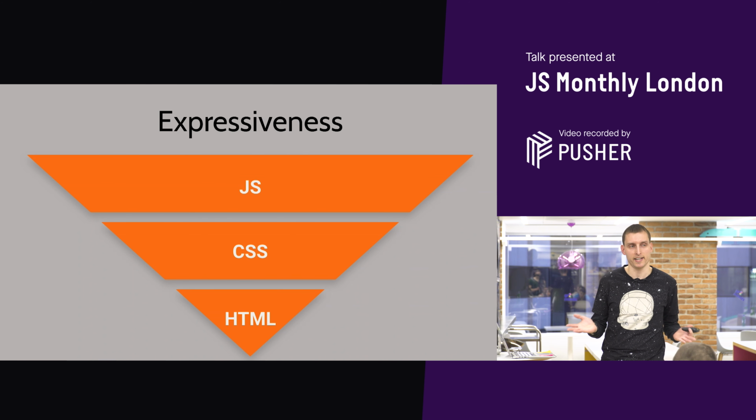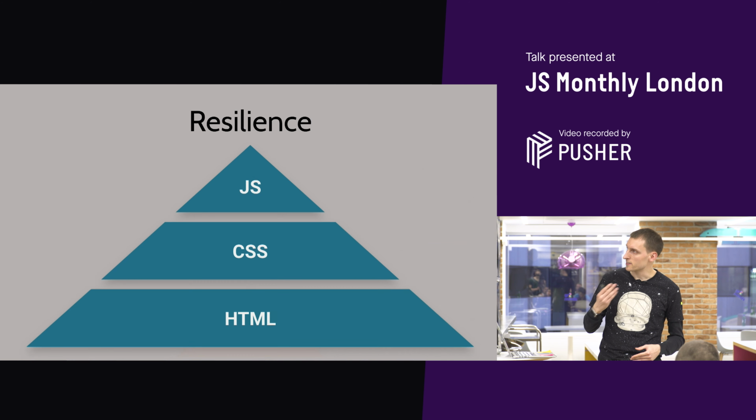You can do pretty much anything in JavaScript. CSS is probably somewhere in the middle. I mean, you can do some pretty nifty layouts and describe some complex UI behaviors using just a few lines of CSS. And then HTML is comparatively simple, right? It's just the structure and the semantics of your UI or your content, and that's about it. But if we look at these from the perspective of resilience, it's kind of the other way around.